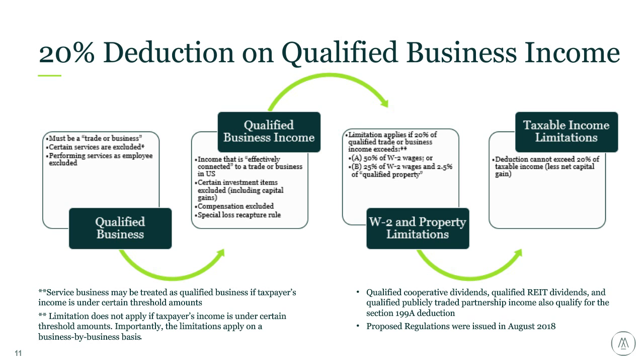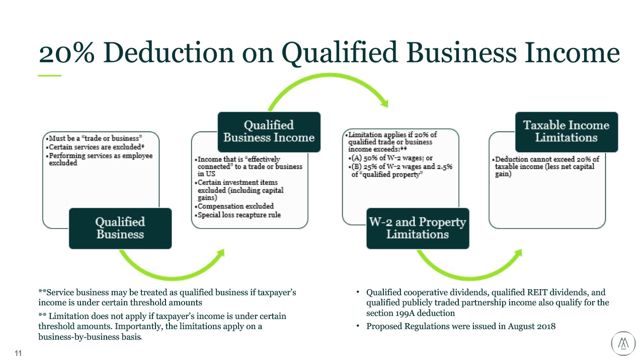In addition, for flow-throughs, there's an additional 20% deduction on qualified business income. There's been a lot of discussion about this, and it's a very valuable and significant rate reduction. Basically it's taking your 37% high down to a high of 29.6% with this flow-through deduction.